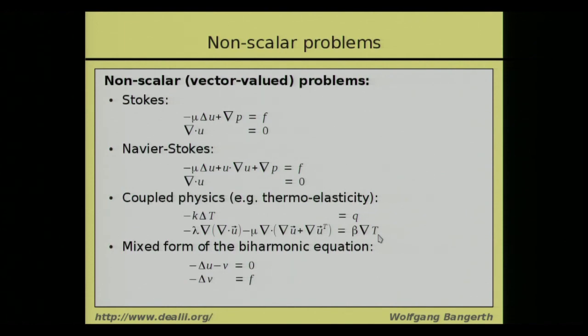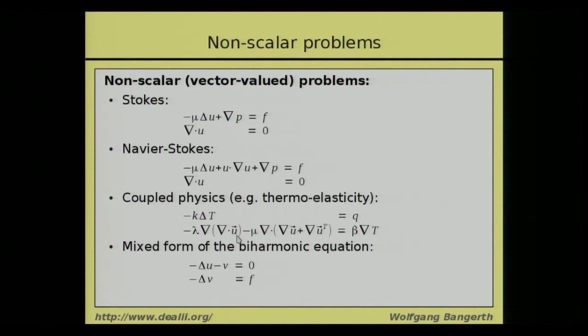So you would have a medium that is clamped at the boundary, but if it is hot in some parts and colder in other parts, it wants to expand in the hot parts, and it will have to be compressed in the colder parts to keep the overall volume. So you will have this interplay between the temperature gradients and the elastic deformation. That is a coupled problem where you have two different kinds of variables, the temperature and the displacements.